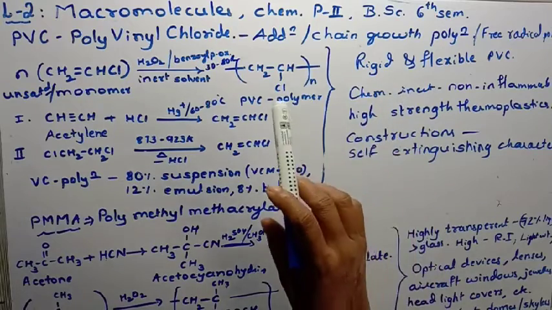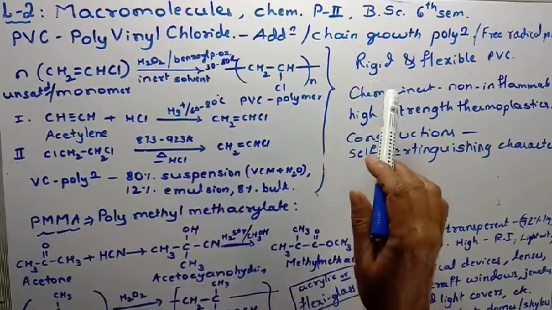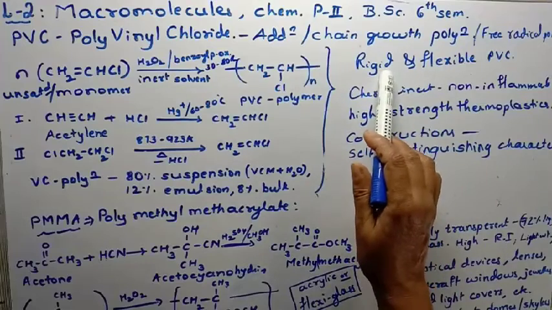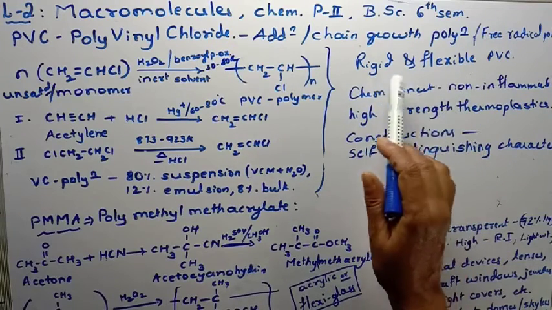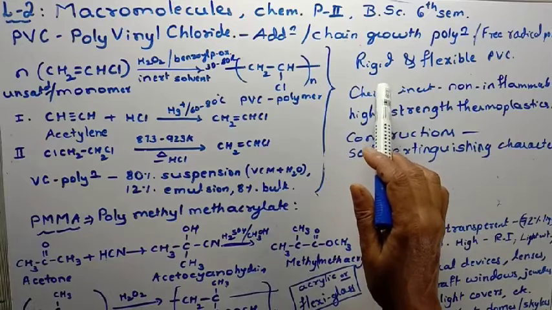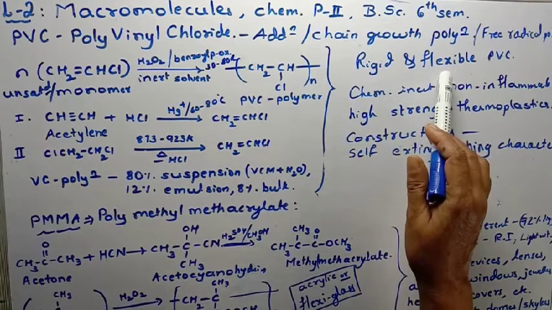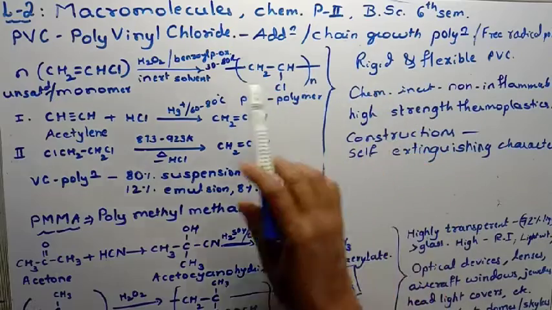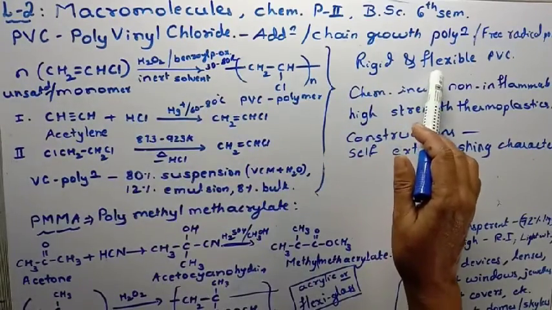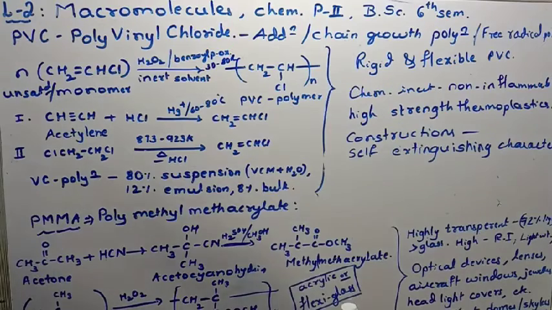Based on the types of PVC, there are two types, rigid and flexible. Rigid PVCs are white and solid, brittle in nature. From the PVC, one can prepare flexible PVC by adding plasticizers.